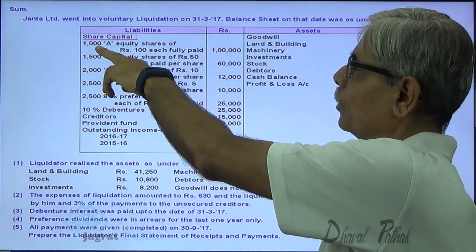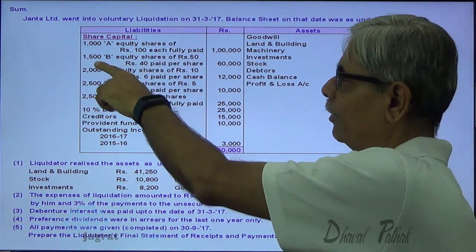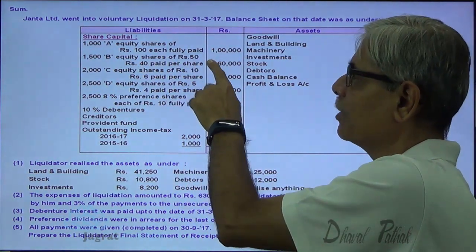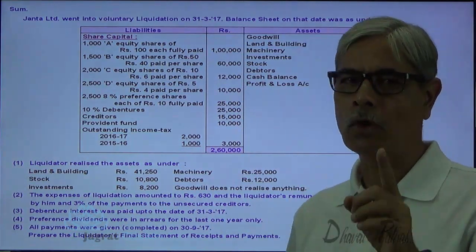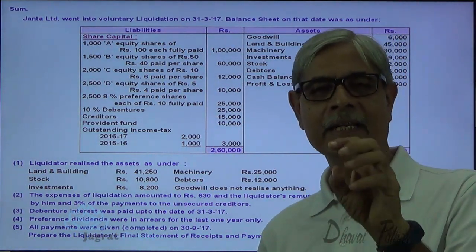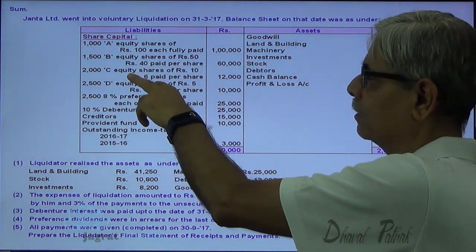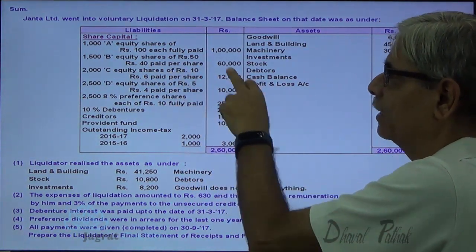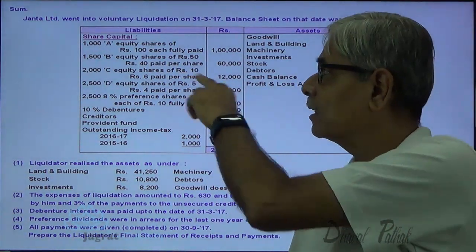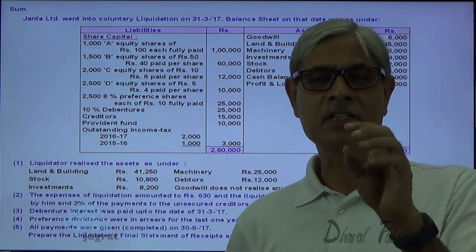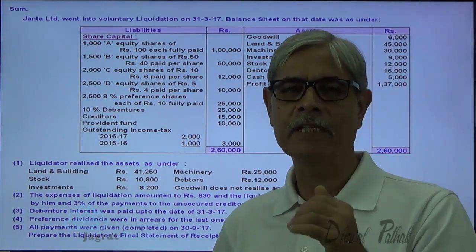Share capital, 1,000 A equity shares, 100 is fully paid up. 15,000 B equity shares, 50 share of rupees 50, 40 per share paid up, means 80% of the face value is paid. 2,000 C type of equity shares, 10, 6 per share paid up. So in case of this third category, C category, 60% of the face value is paid. In the first, 100% of the face value is paid.